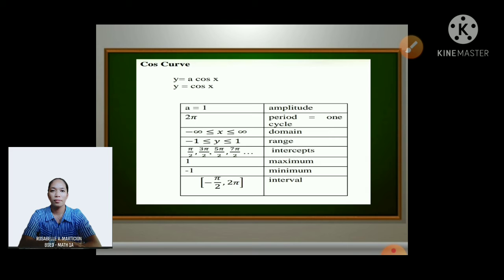And the domain is negative infinity to positive infinity. And the range is negative 1 to positive 1.